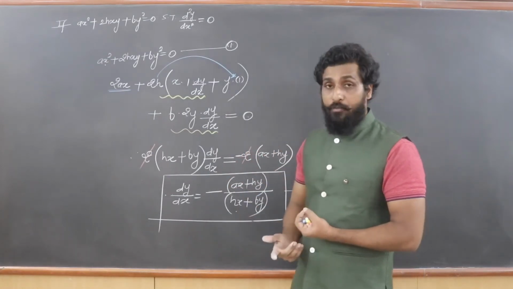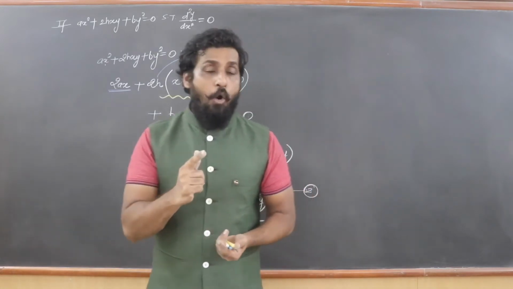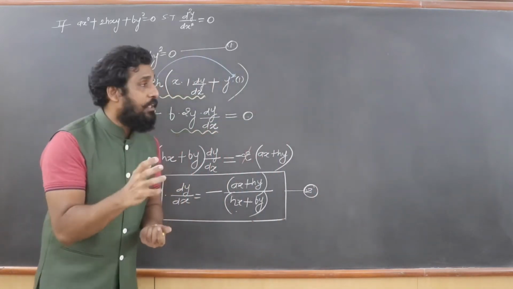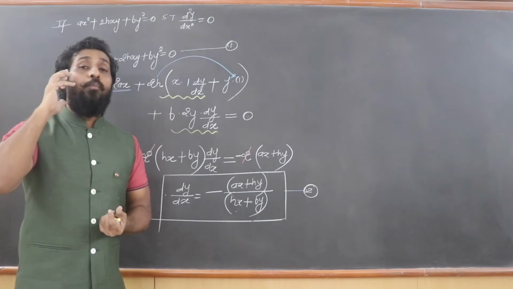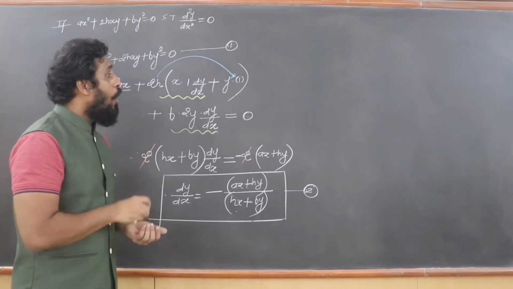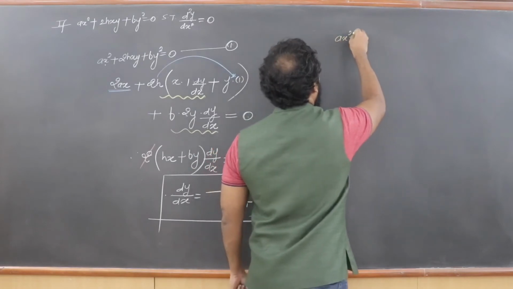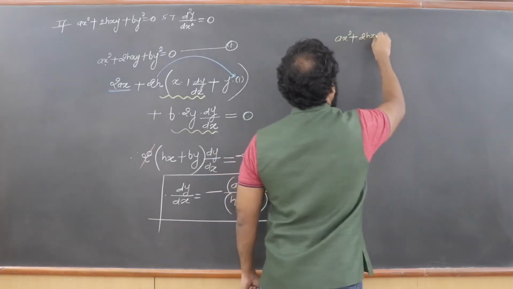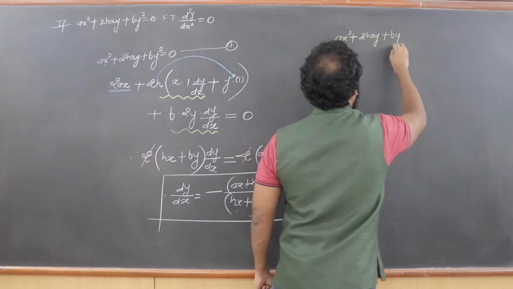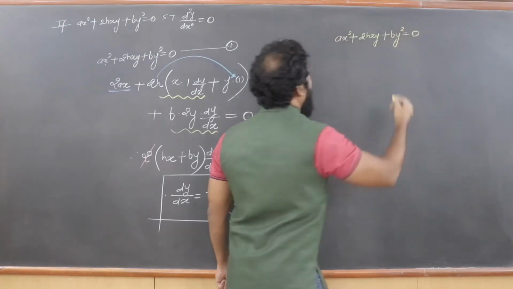Now let's proceed further. Now this is a very important step. This is where the big catch is. This is where you have to put on your entire attention. Observe, what was equation 1 that we had? ax square plus 2hxy plus by square equal to 0.